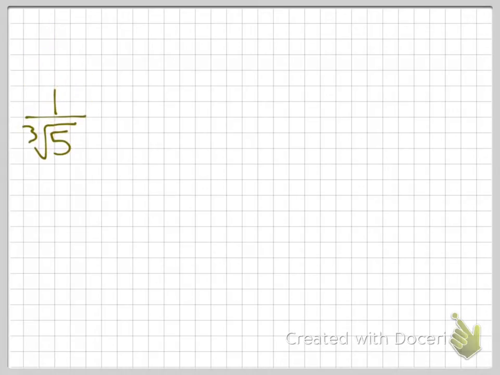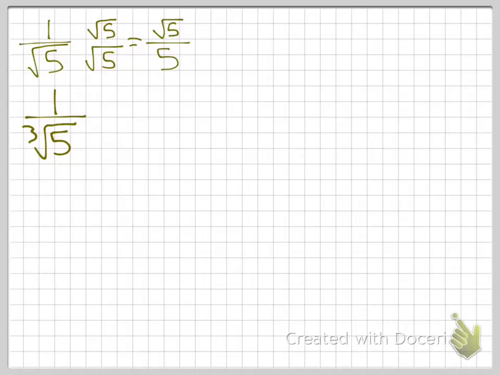I'll write the example with just square root of 5. We did 1 over the square root of 5. We multiplied the top and the bottom by the square root of 5 to get root 5 over 5. Why that worked in getting rid of the radical in the denominator is because the pair of 2 came out of the square root, it simplified.